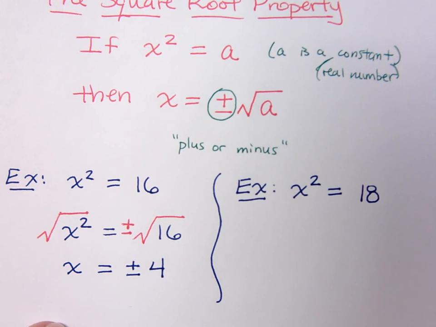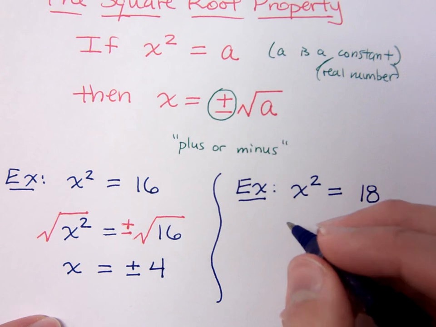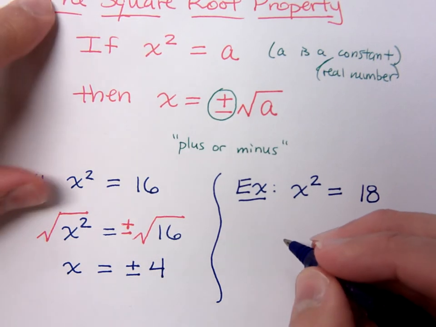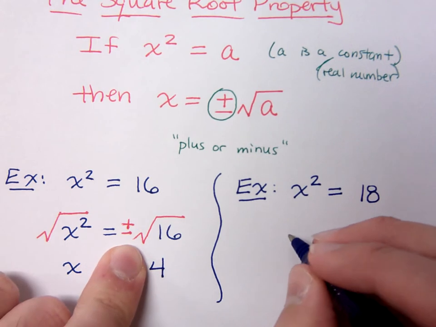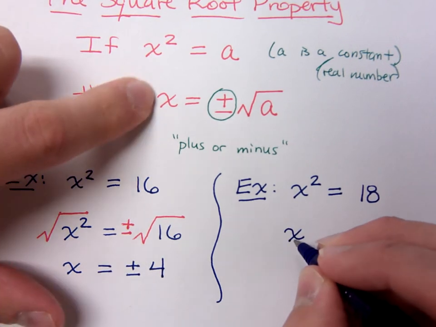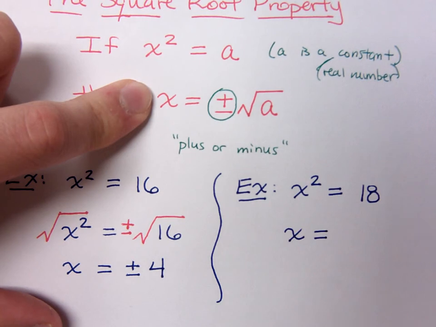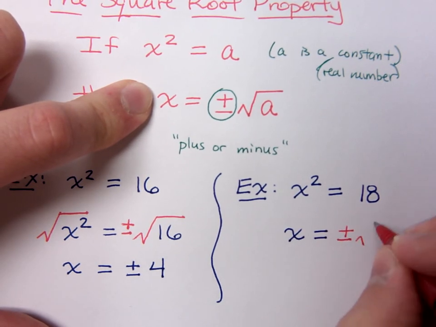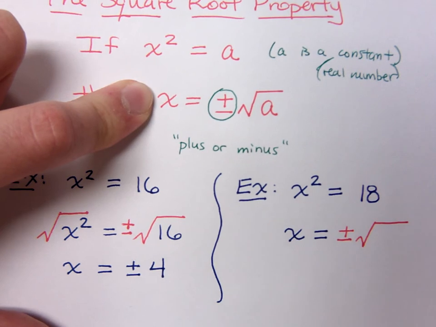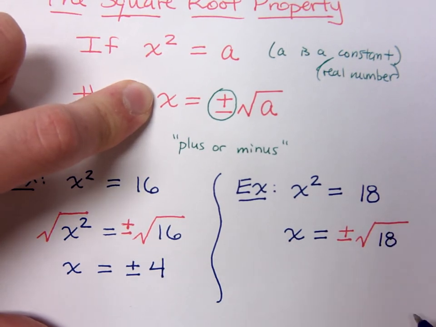X squared equals 18, we saw it gave us a problem because it was prime. Well, according to the square root property, you can show the square root on both sides, or we can just go ahead and apply it directly and say that x, just like we have here, equals plus or minus the square root of 18.